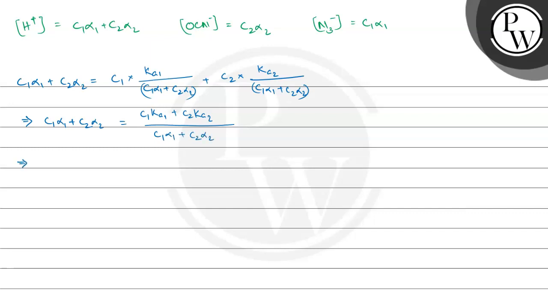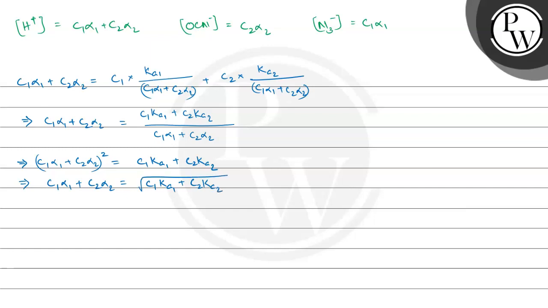And if we cross multiply, then C1 alpha 1 plus C2 alpha 2 whole square will be equal to C1 Ka1 plus C2 Ka2, and this value, that is C1 alpha 1 plus C2 alpha 2, will be the square root of C1 Ka1 plus C2 Ka2.